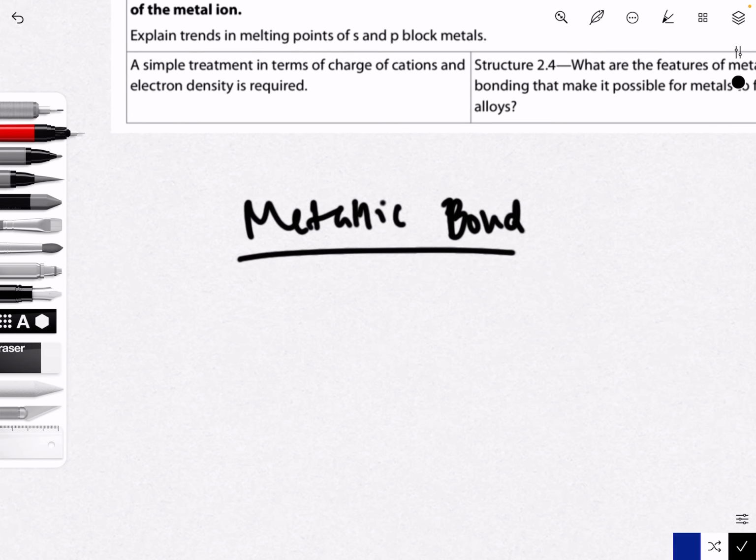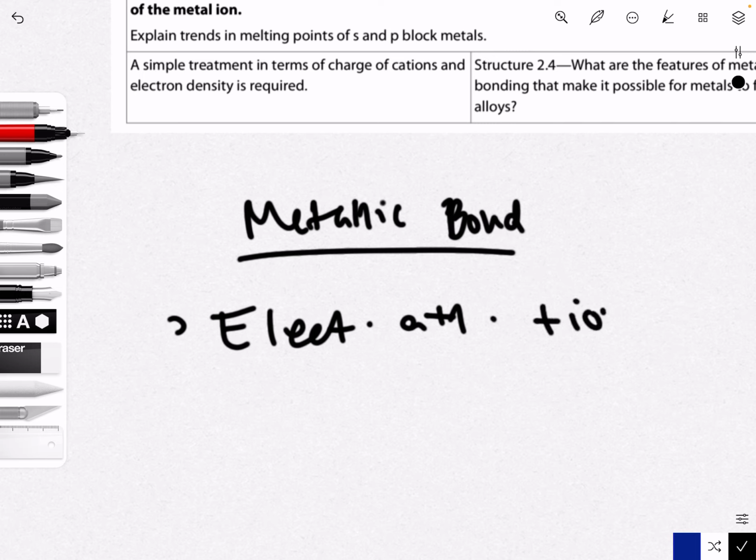So, a metallic bond is created by the electrostatic attraction between the positively charged ions and negatively charged electrons within a lattice.